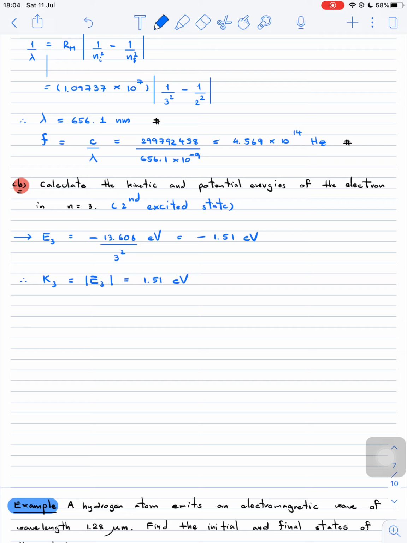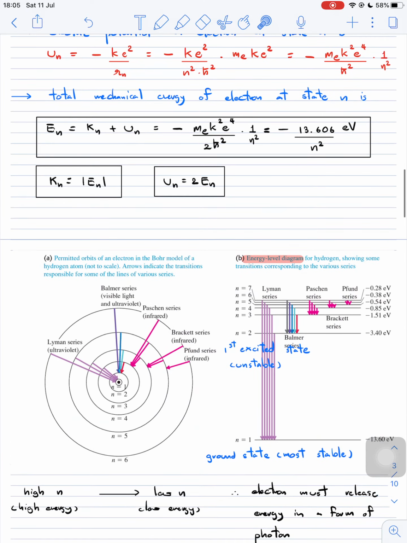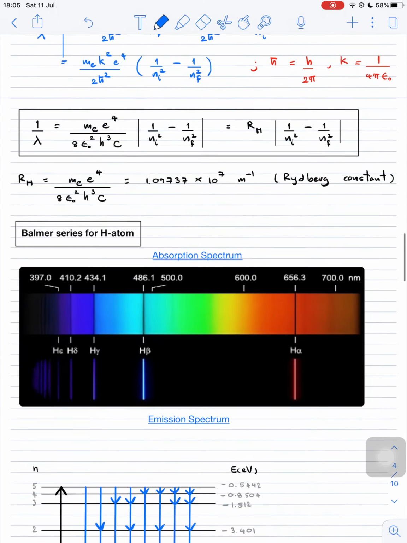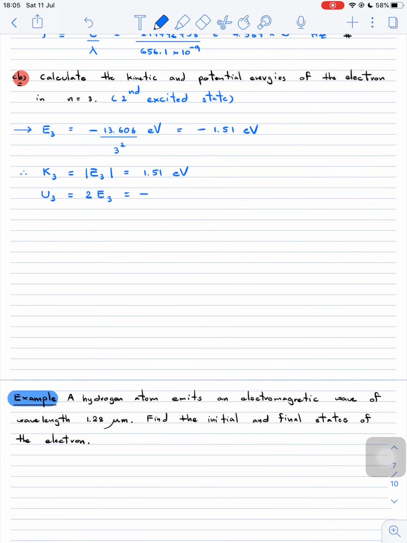Also for U3, it equals 2 times E3, so it is negative 3.02 electron volts, and that's it. So those are the answers.